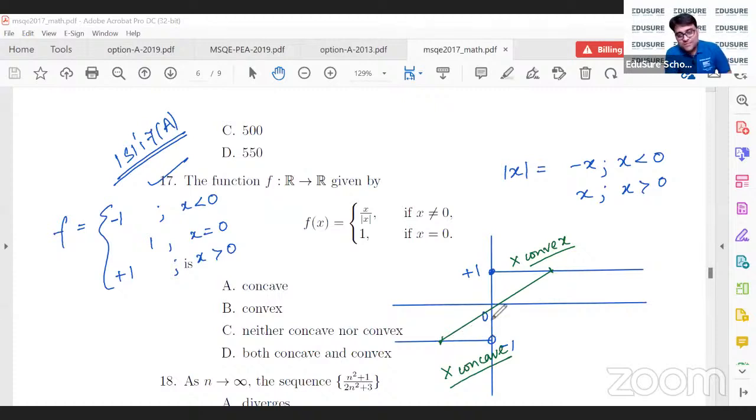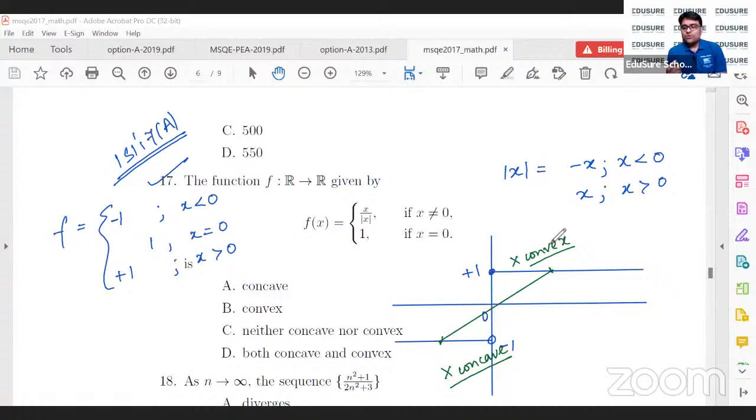So in this part it is not concave, in this part it is not convex, and I have already shared with you earlier in my videos in the theory that if a function is not concave at even one single point in the domain, it is not concave throughout. Similarly, if it is not convex at exactly one point in the entire domain, it is not convex throughout.